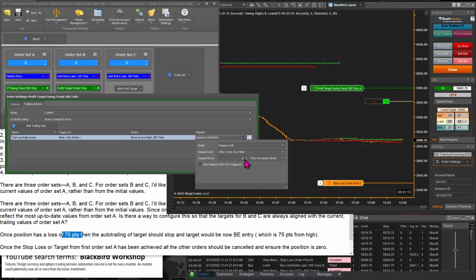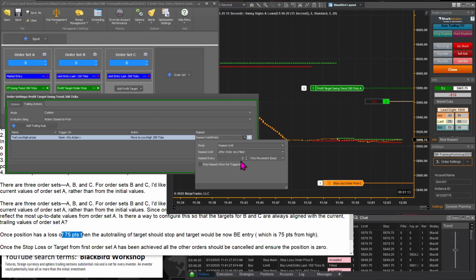Again, it all depends on exactly where the first entry is versus the timing of when our last scaling order gets filled.